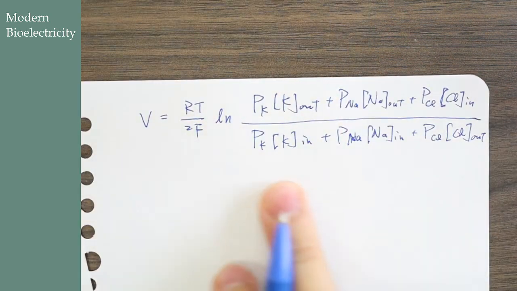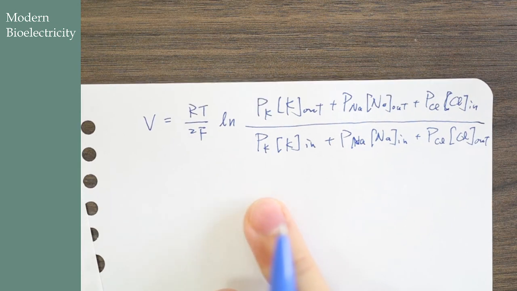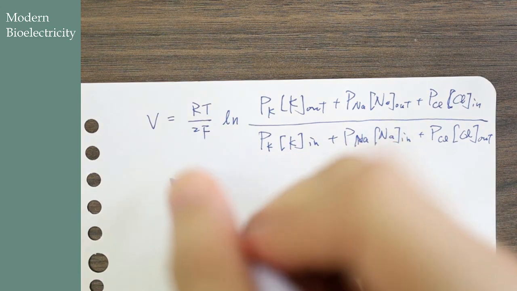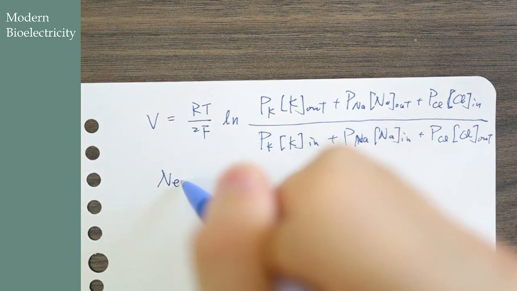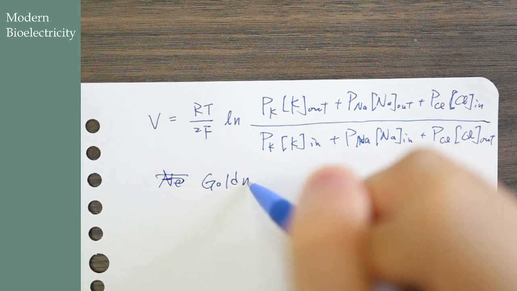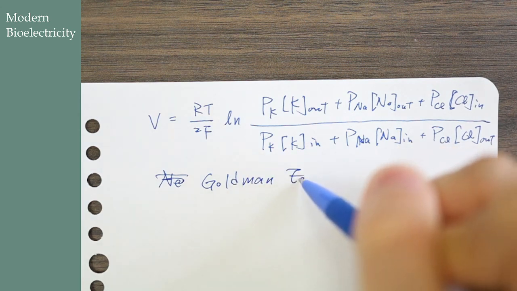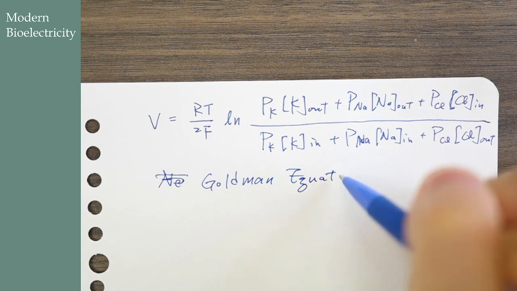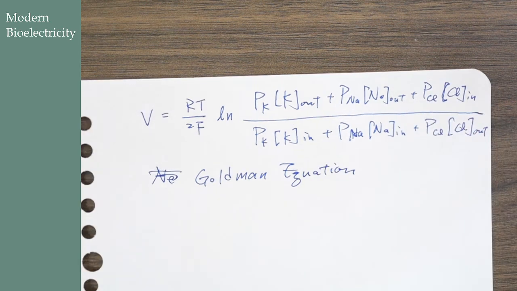So we have this, and everyone, this is the Goldman equation, the Goldman-Hodgkin-Katz equation.